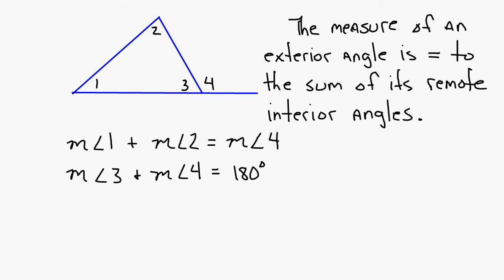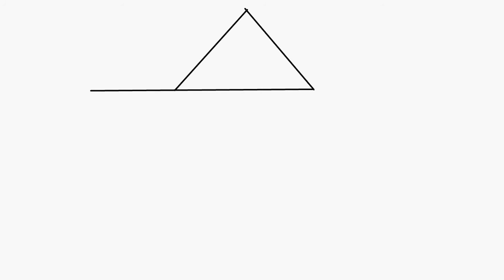And the way you're going to use this theorem, if you look at the bottom of page 233, example 3, and the picture diagram looks like this. This angle is 126.